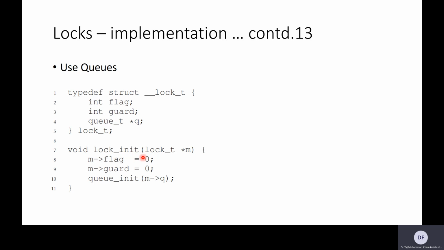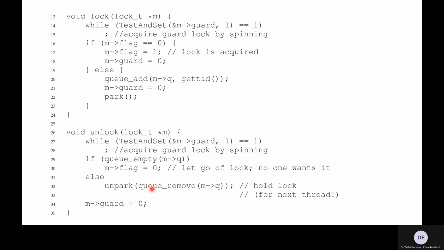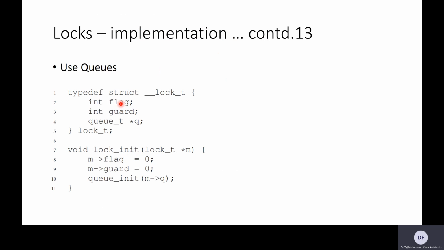The initialize function would set these to 0 and initialize this queue to an empty queue. The lock function will first acquire this guard variable. The guard variable is to provide access to the lock structure. In this lock structure we have three different variables.